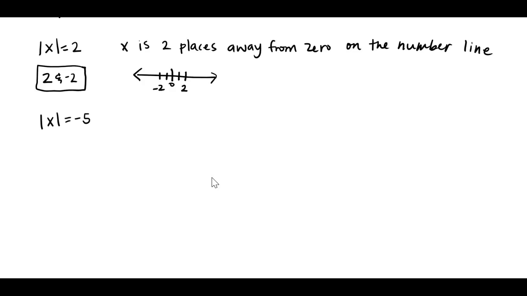So when you have something like this, then it's a no solution, or sometimes the homework writes it as DNE, does not exist, or sometimes you'll see the little empty set symbol. Okay, so all of those things would be a way that we could say that there is no answer for this, because an absolute value cannot equal a negative number.